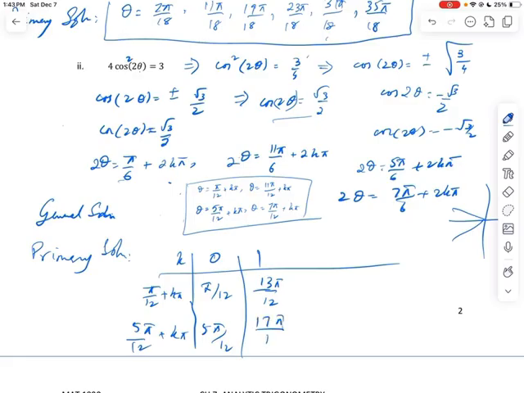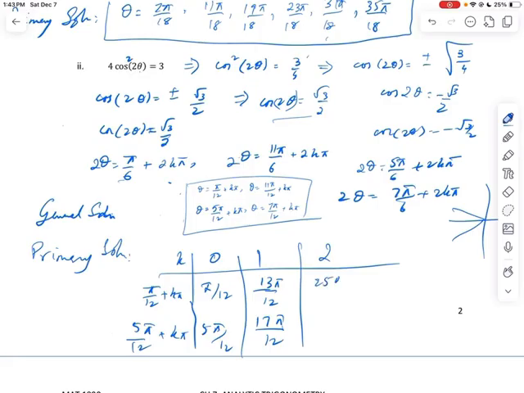What about k equal to 2? If I do 2, I get what? 12 twos are 24, 24 plus 1, 25. So I'm getting 25 pi over 12.